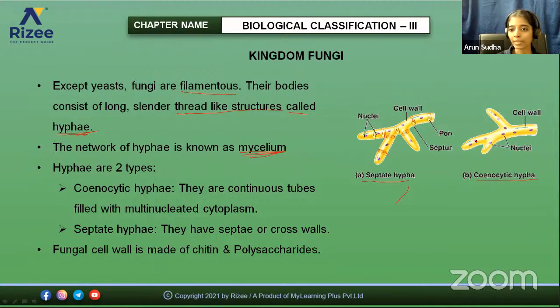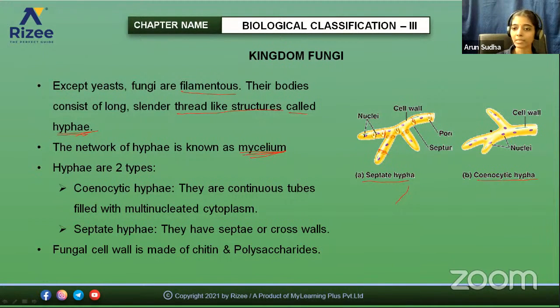There is no separation, and it is a continuous tube filled with multinucleated cytoplasm, so there are many nuclei. In the septate hypha each nucleus is separated by a septum, but here there are no septa, so the cytoplasm is multinucleated.